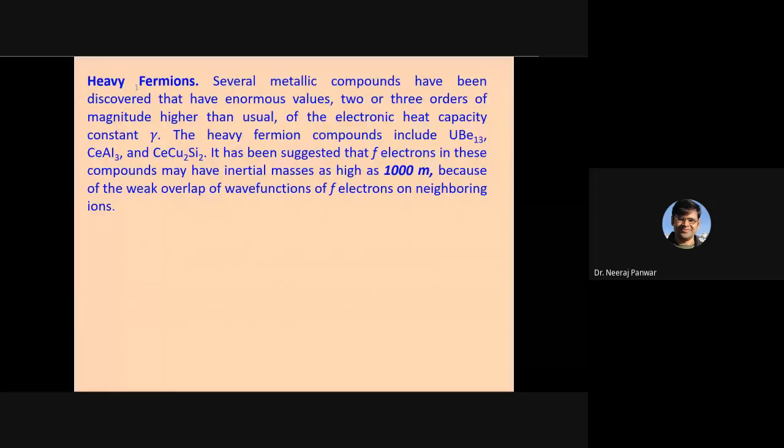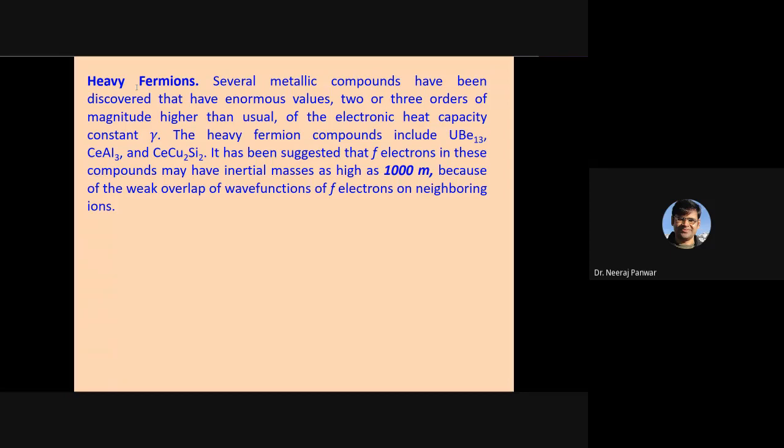So I told you about the heavy fermion compounds. For example, several metallic compounds have been discovered that have enormous values, 2 or 3 orders of magnitude higher than the usual value of the electronic heat capacity constant, or the Sommerfeld constant.